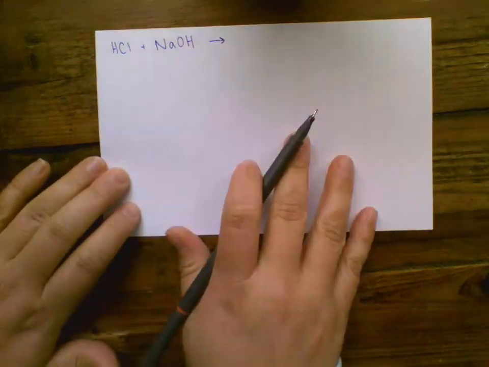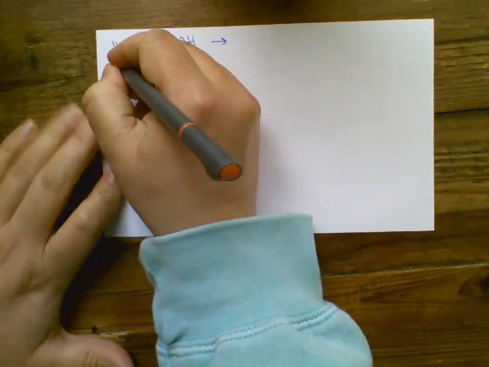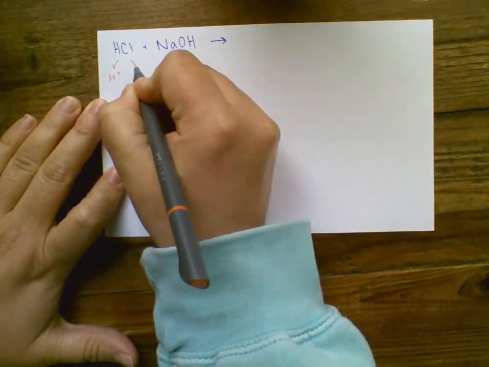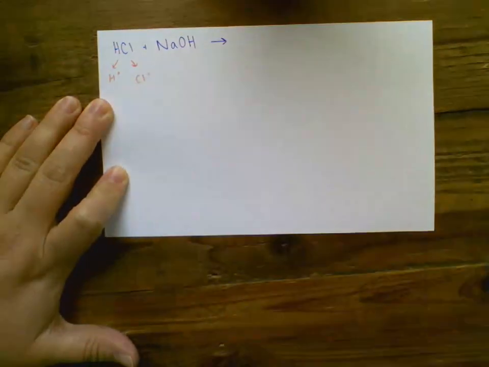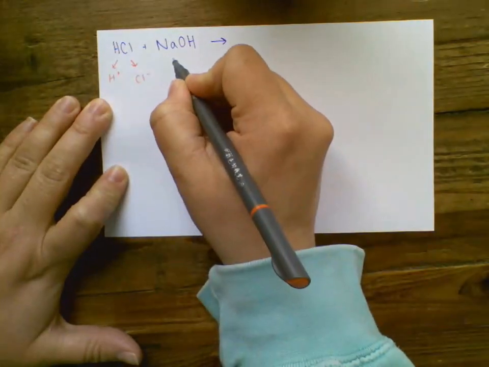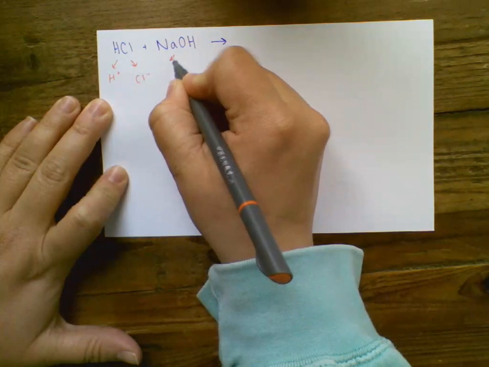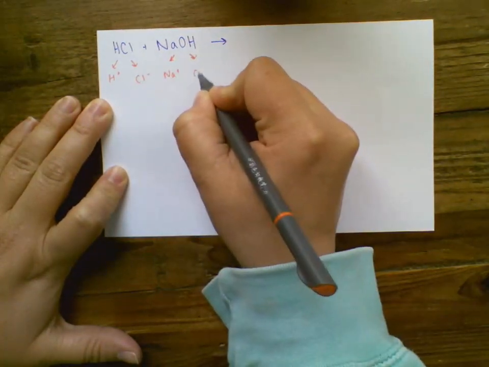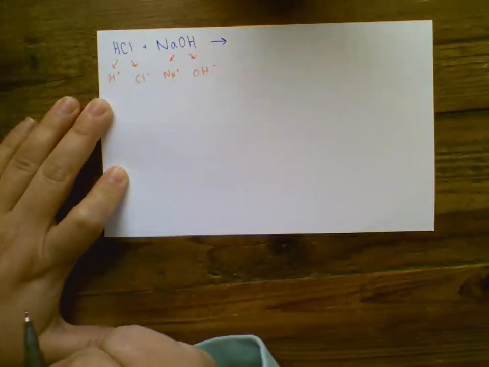So if we look at our HCl here, remember this is going to split up into H plus and Cl minus. And then our sodium hydroxide is going to split up into Na plus and OH minus.